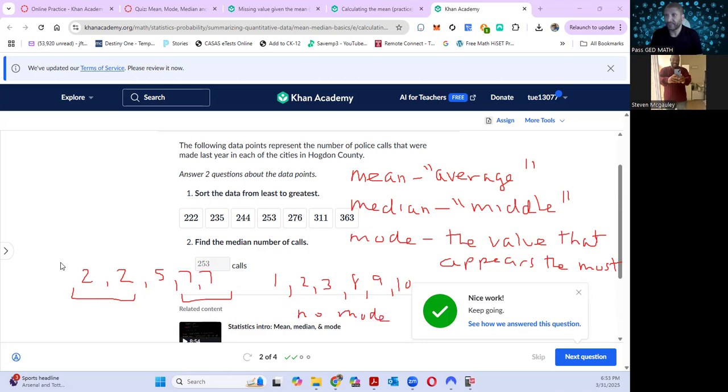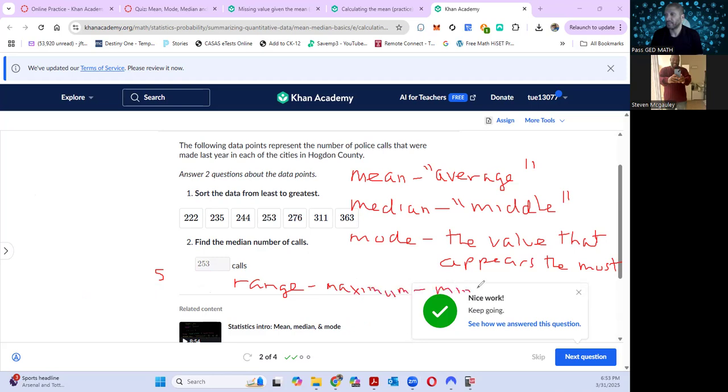Got me? Okay, so now the last one, range. How do I find the range? So the two words you were looking for were maximum minus minimum.